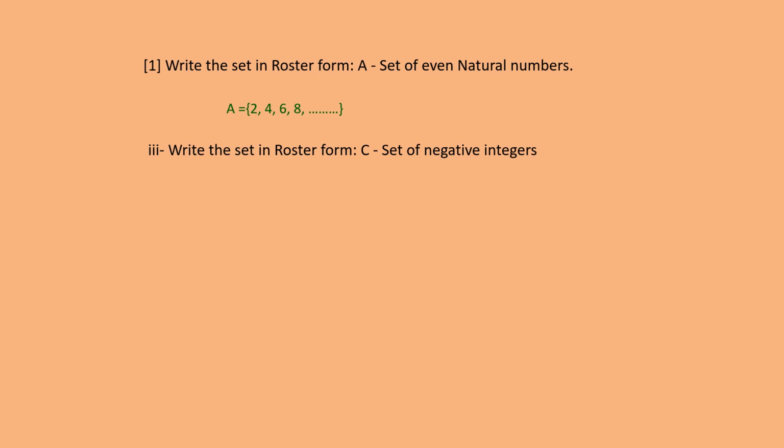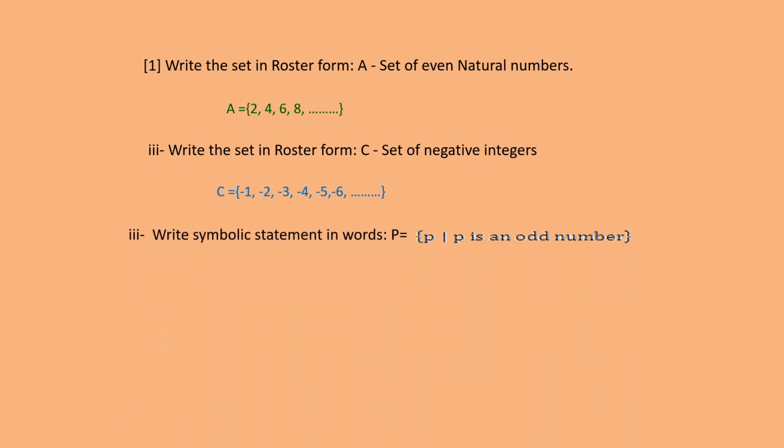Similarly, we have C set, set of negative integers. So I want only negative integers, which can be written as C equals to -1, -2, -3, and so on. They want us to write down this in a symbol form. P equals to curly bracket, p is an element such that p is an odd number.